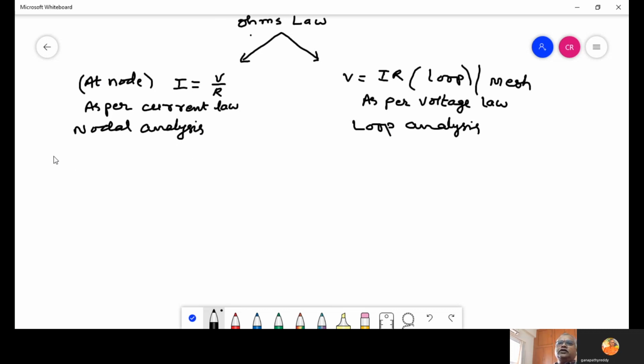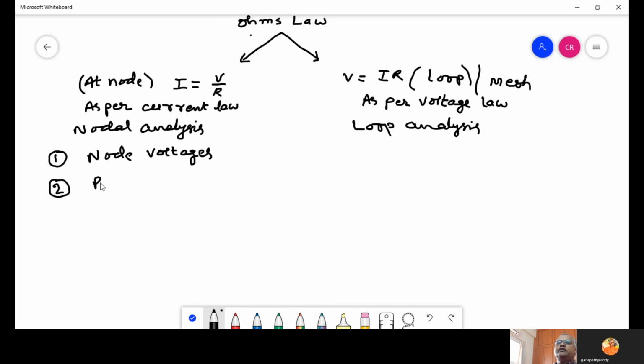So using nodal analysis, what we can find immediately is the node voltages.